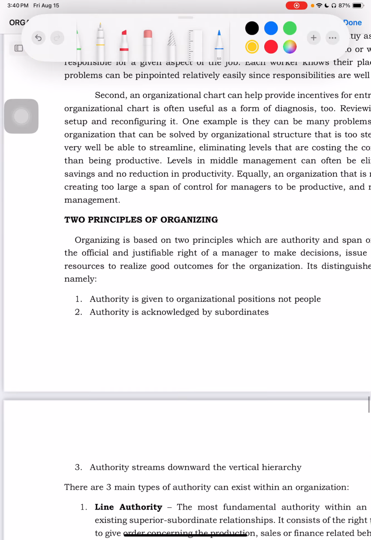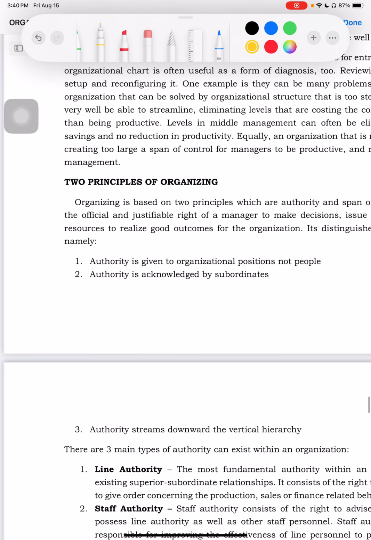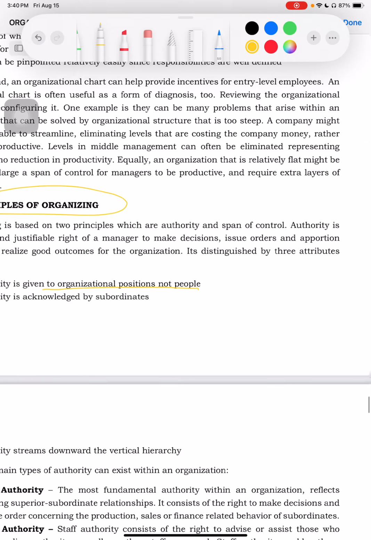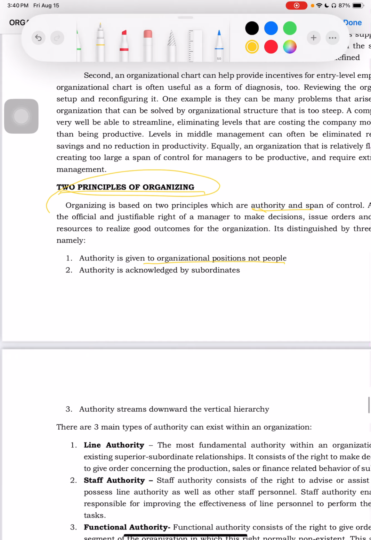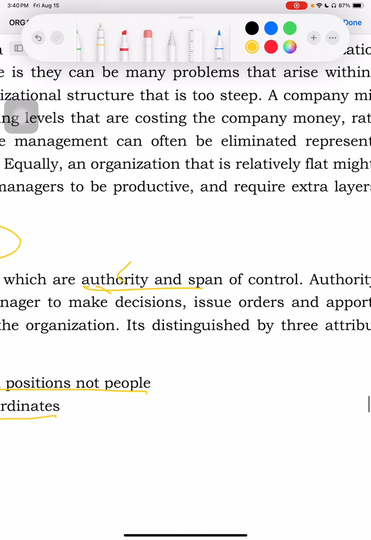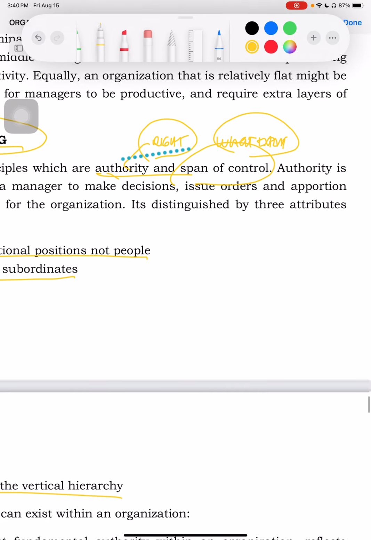That is the activity you will do. Okay, there are two principles of organizing. First, authority, and second, span of control. When you say authority, there should be a right, and span of control is up to what extent your control or your right goes.